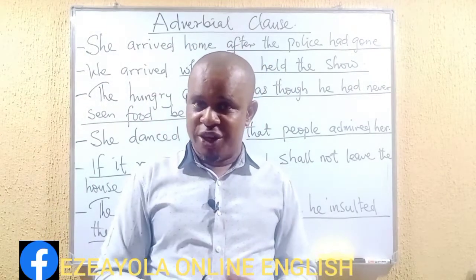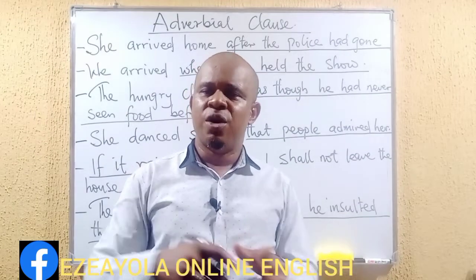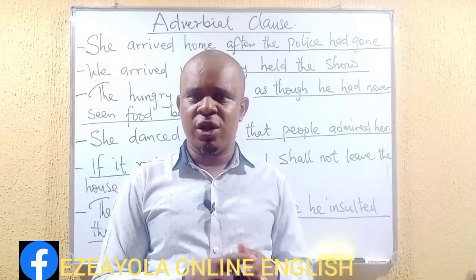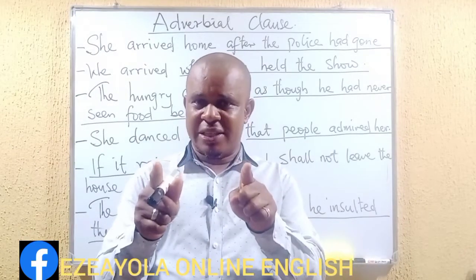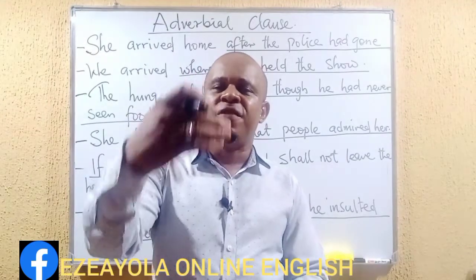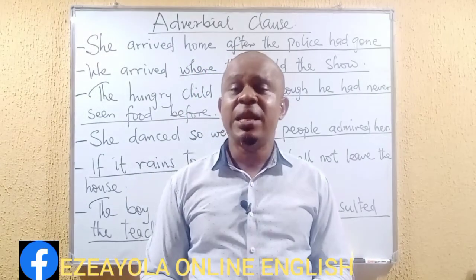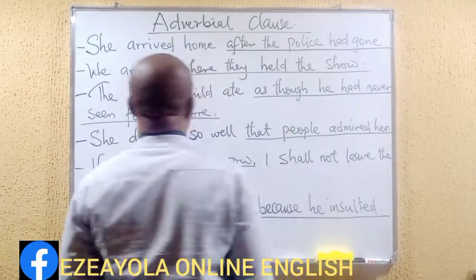Like you know already, clauses are divided into two types. We have the main clause, and we have the subordinate clauses. But whether main or subordinate, the presence of the verb in clauses is a necessity. It is a must.